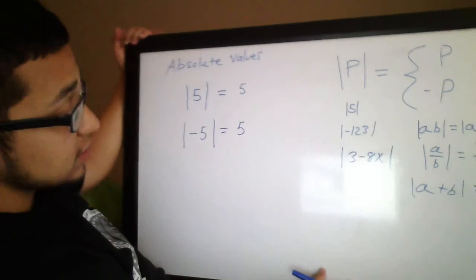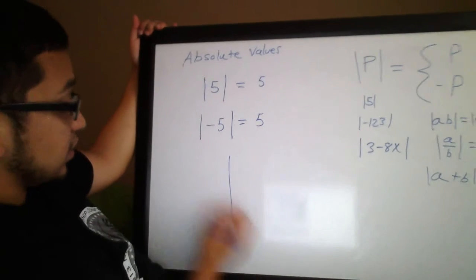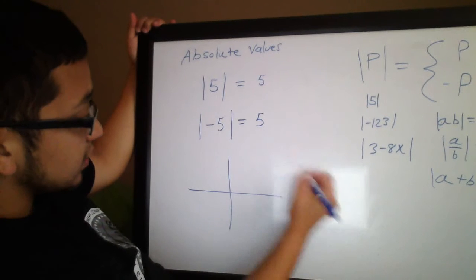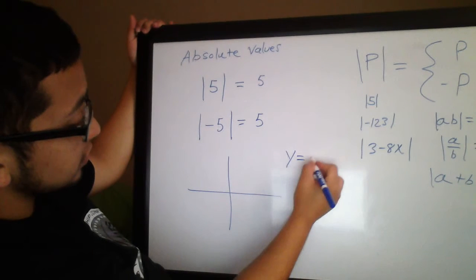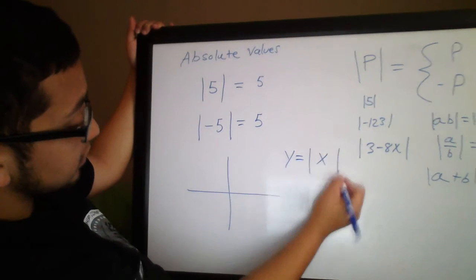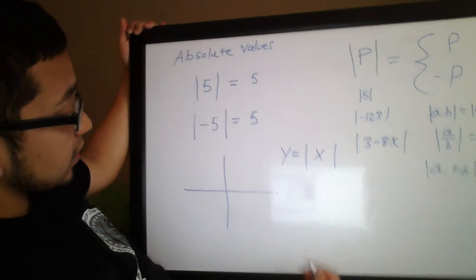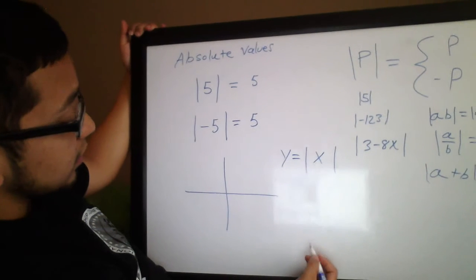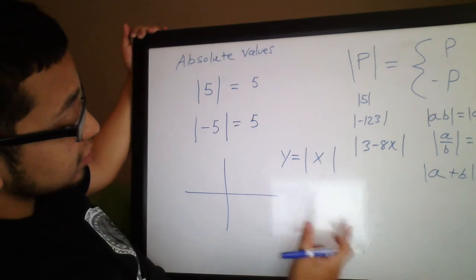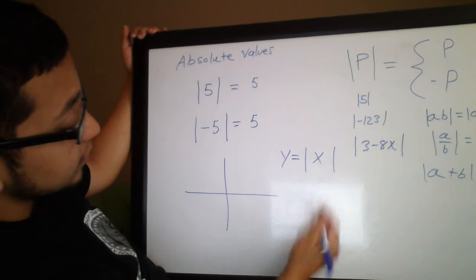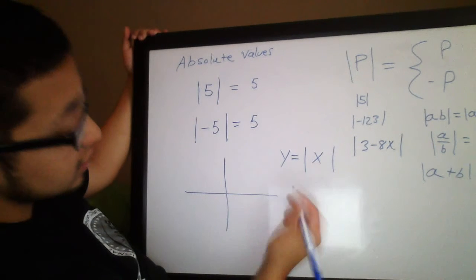So what this looks like on a graph is like this. Say we had y equals the absolute value of x. So what does that mean? Since we have a variable x, we can just start plugging in terms. Let's say x is 1.